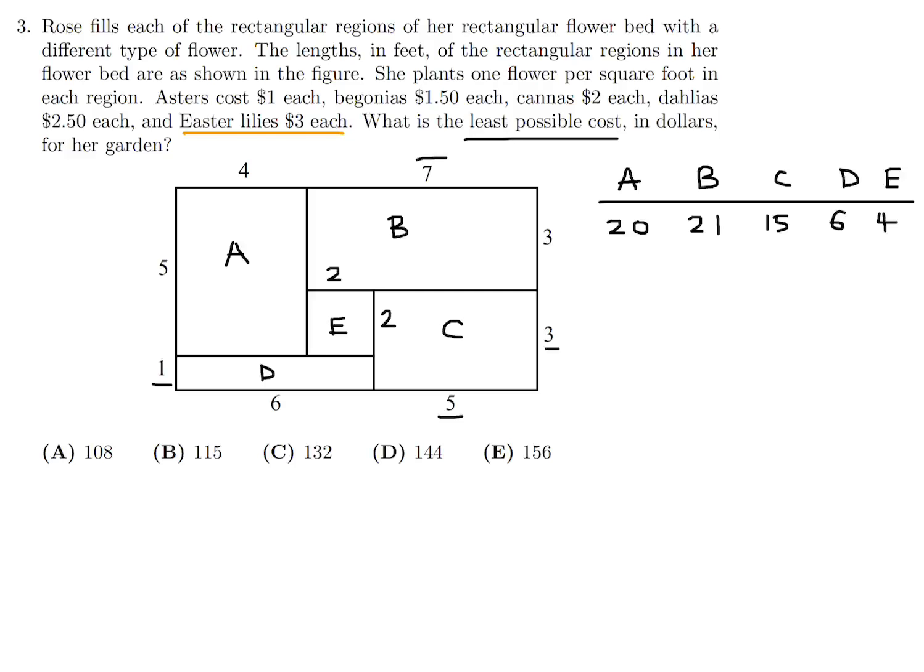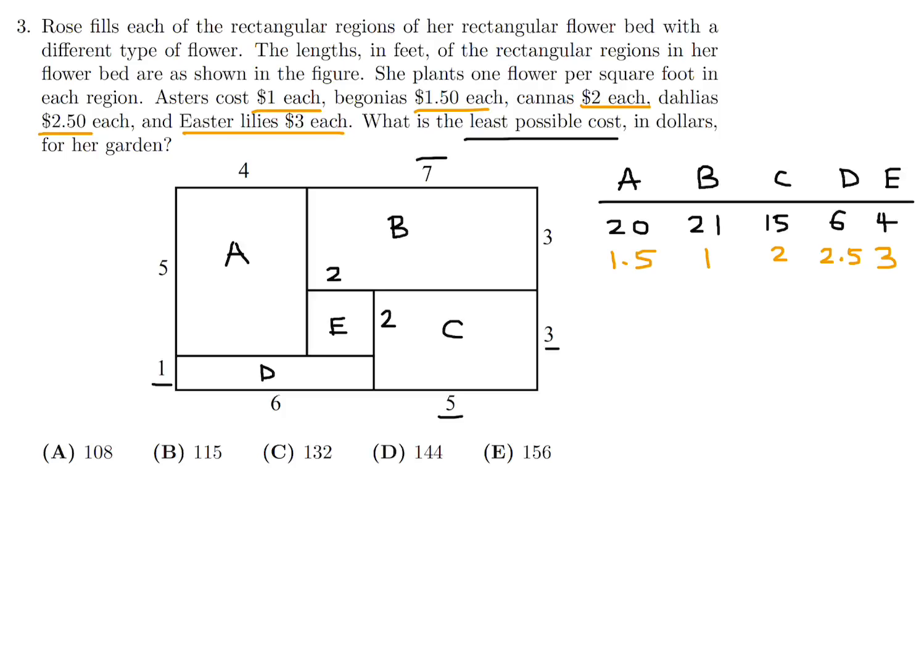So put the $3 ones here. And then similarly, we put the next in line, that's $2.50, in the second smallest, so $2.50 goes here. And similarly, the $2 would go into the third smallest, $1.50 into the fourth smallest, and the cheapest flower in the remaining one.